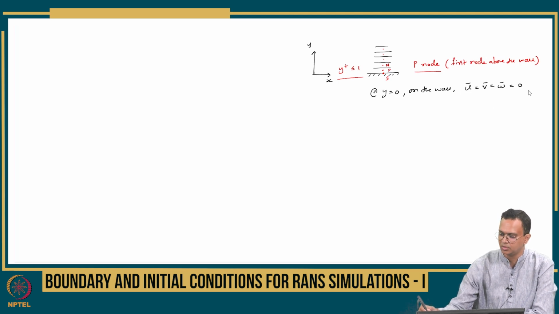So for the velocity, you have a Dirichlet condition, right? For the pressure, it's Neumann. So for pressure, you give dp dy equal to 0 here. If you have a curved surface, then it's dp d eta, where eta is the wall normal direction, equal to 0. This is your Neumann condition.